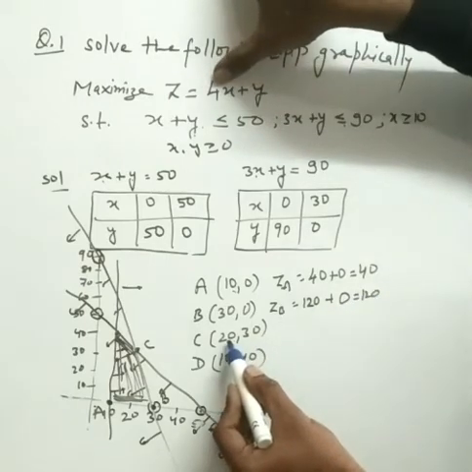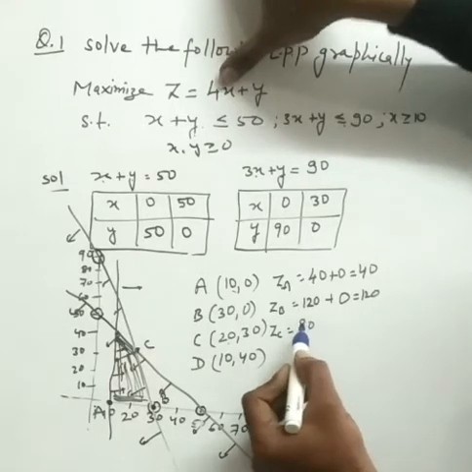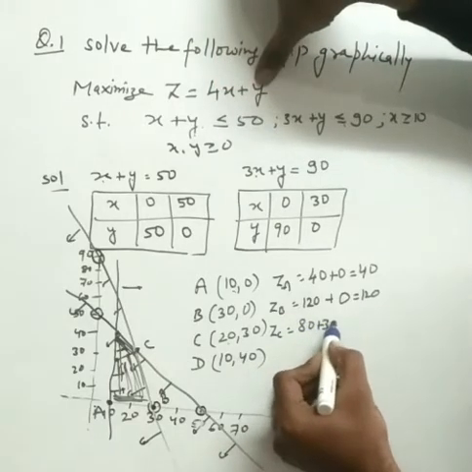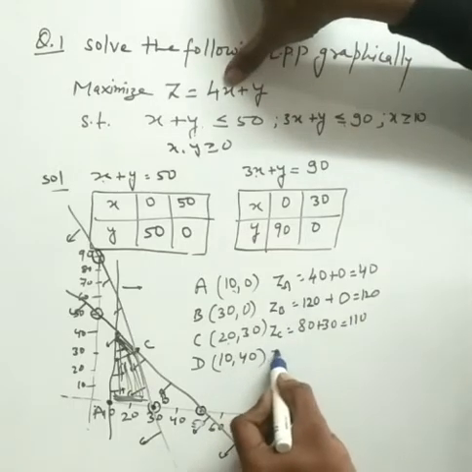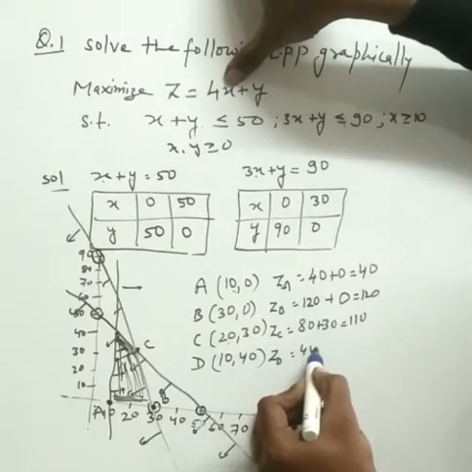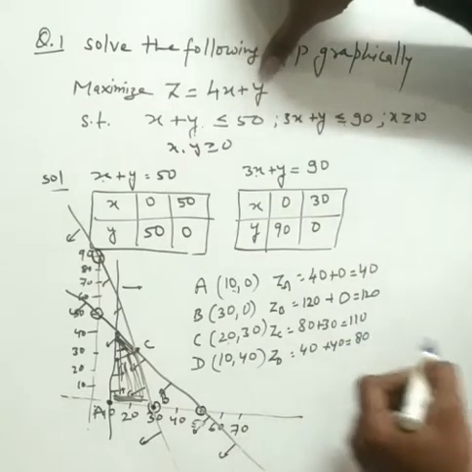Then at C: 4 into 20 is 80 plus 30, which is 110. At D: 4 into 10 is 40 plus 40, which is 80.